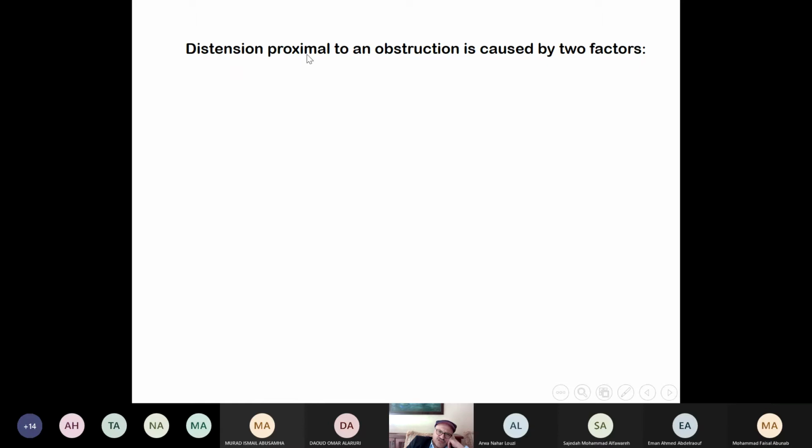Why do we have distension proximal to the obstruction? What is the cause of the distension? What do you think? There are two factors.